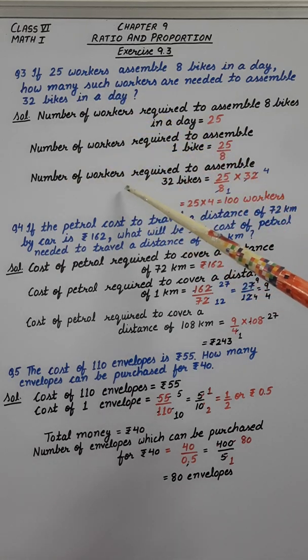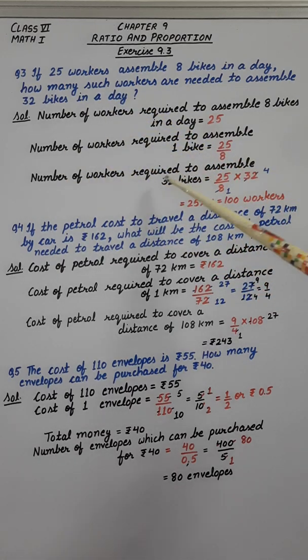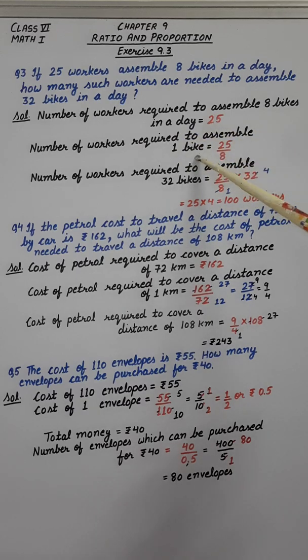So number of workers required to assemble 32 bikes will be 25 upon 8 multiplied by 32, because now we are finding for many. So for many we have to do multiplication. First, we calculated the number of workers required to assemble one bike; there we did division.